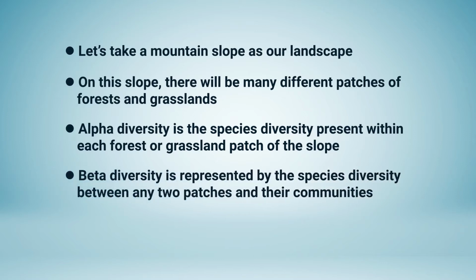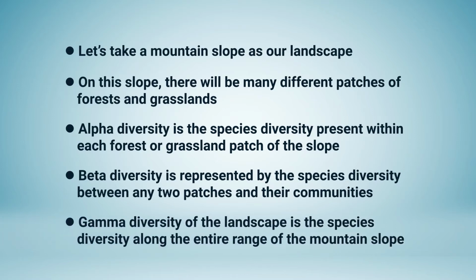And the beta diversity is represented by the species diversity between any two patches and their communities. While gamma diversity of that landscape is the species diversity along the entire range of that mountain slope. So this is how we have to understand or differentiate different perspectives of ecosystem diversity: alpha diversity, beta diversity, and gamma diversity.